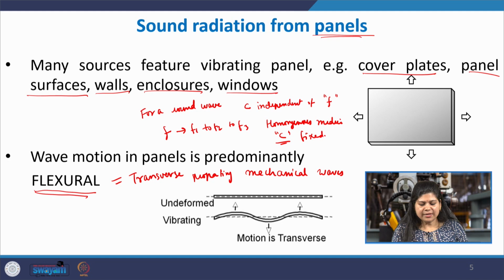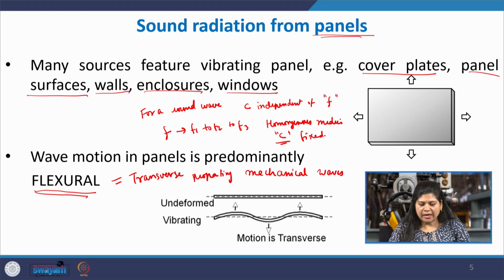So, here the plate vibrates, or the mass of the plate is vibrating perpendicular to the plane of the plate. Although the wave is propagating along the plane, the particles vibrate perpendicular to the plate.